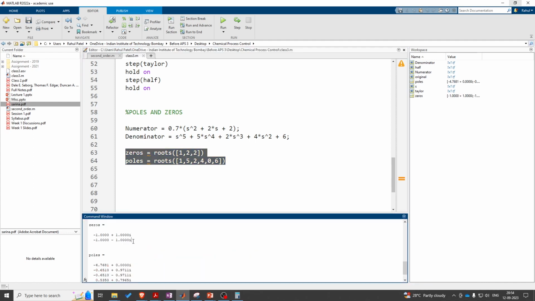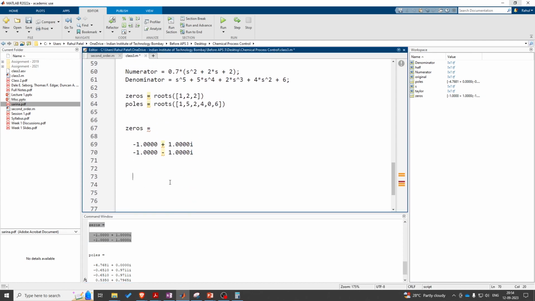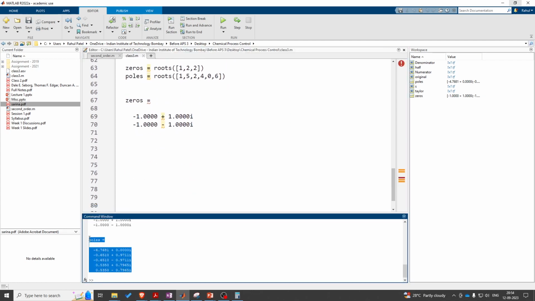So the zeros we have obtained, I'll just write over here. These are the zeros and these are the poles of the system.